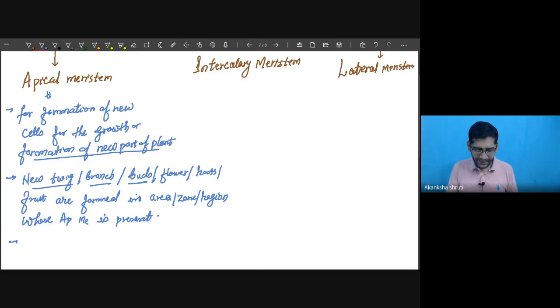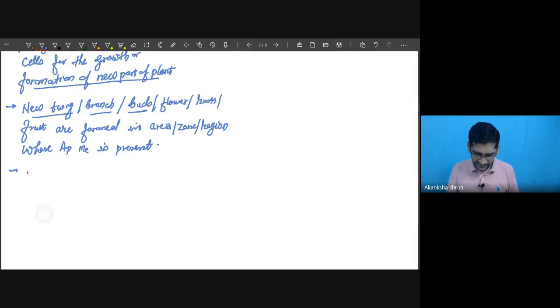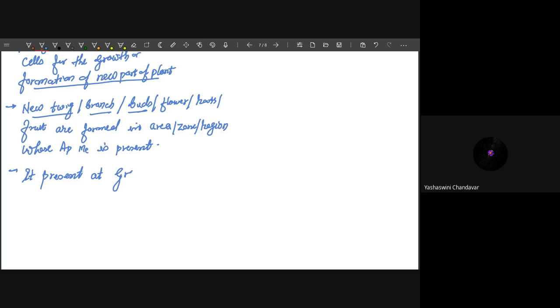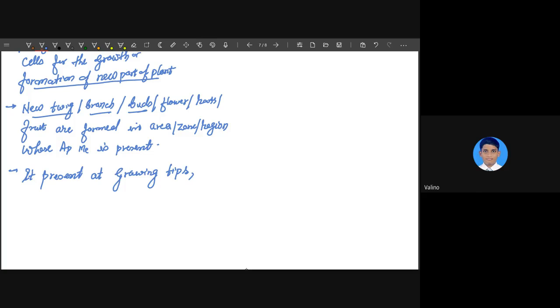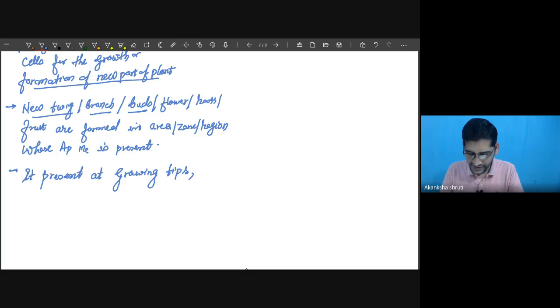So where this apical meristem is present, it means this tissue is located at the tip area, the growing tip of the stem, or the shoot tip.